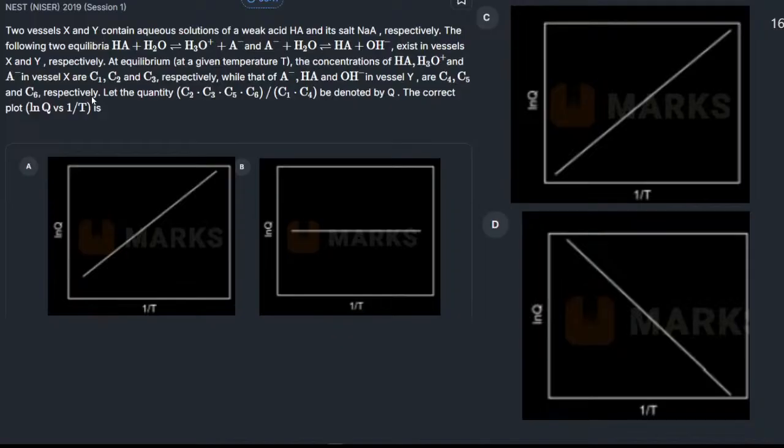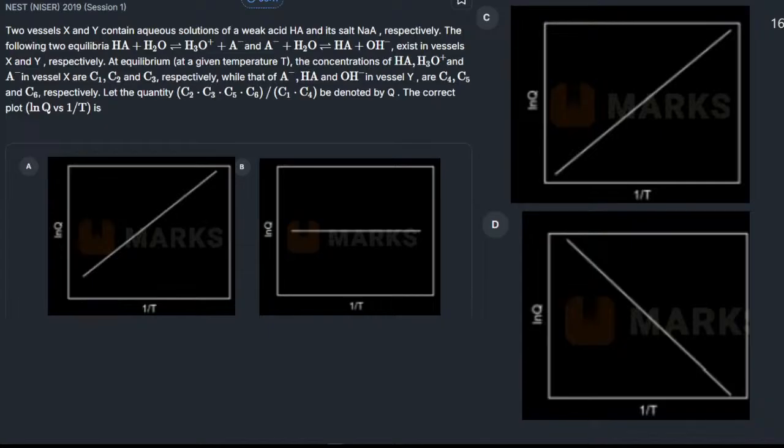Let the quantity C2 C3 C5 C6 divided by C1 C4 be denoted by Q. So the correct plot of natural log of Q versus 1 upon T is?